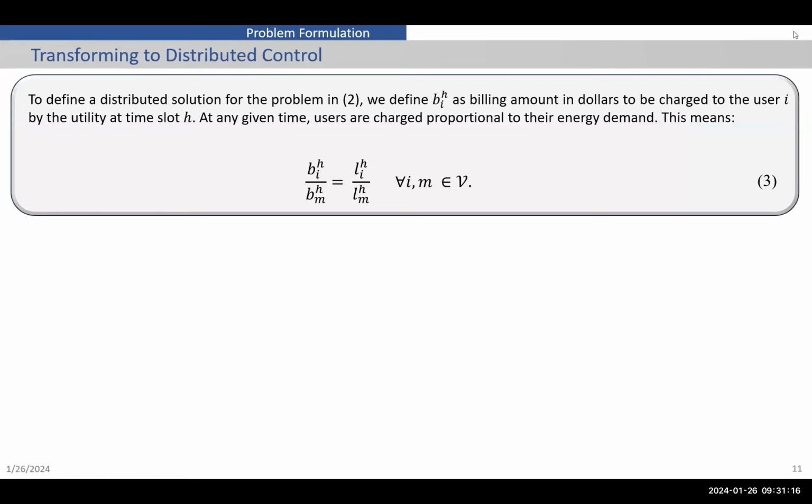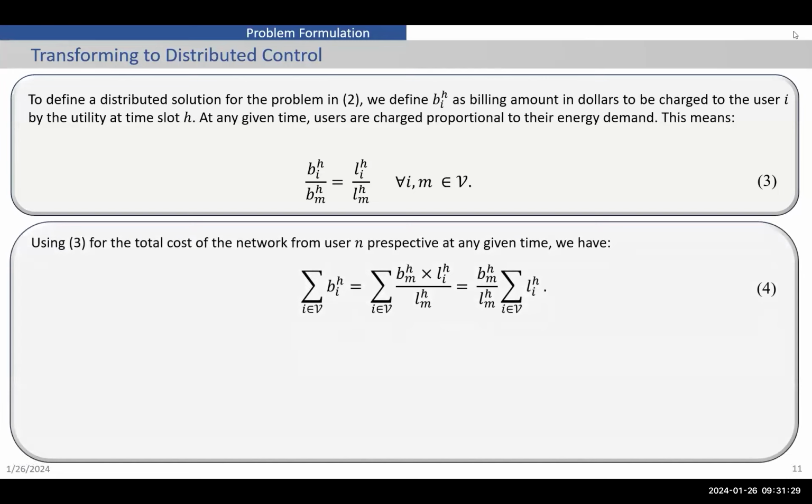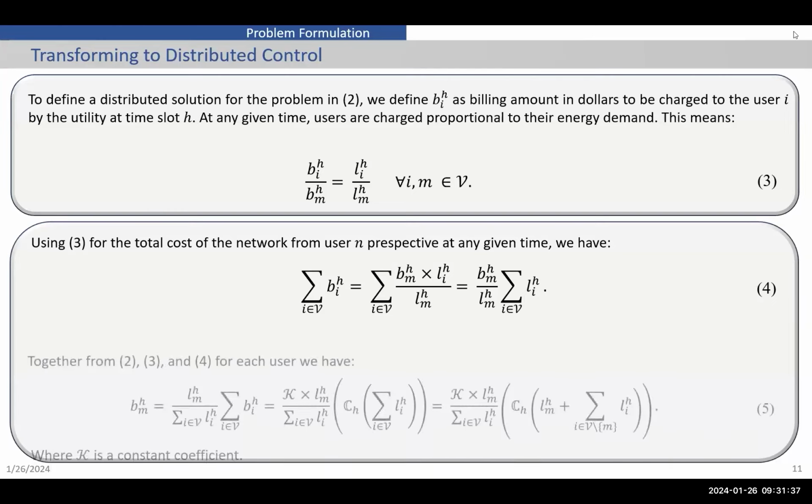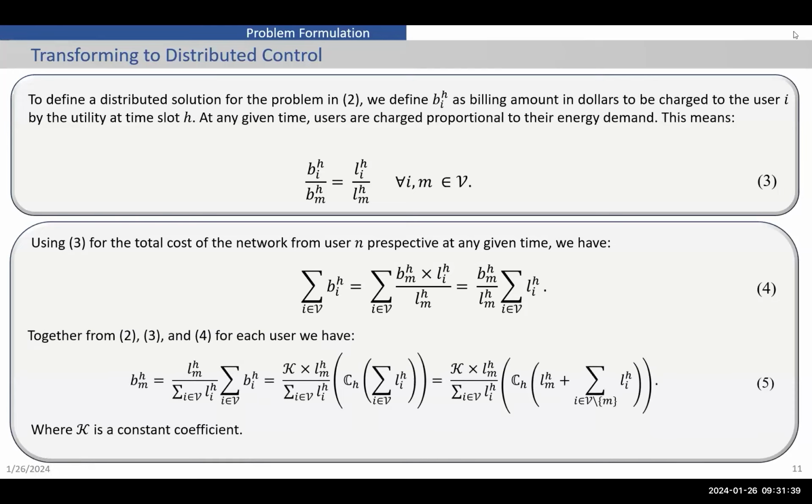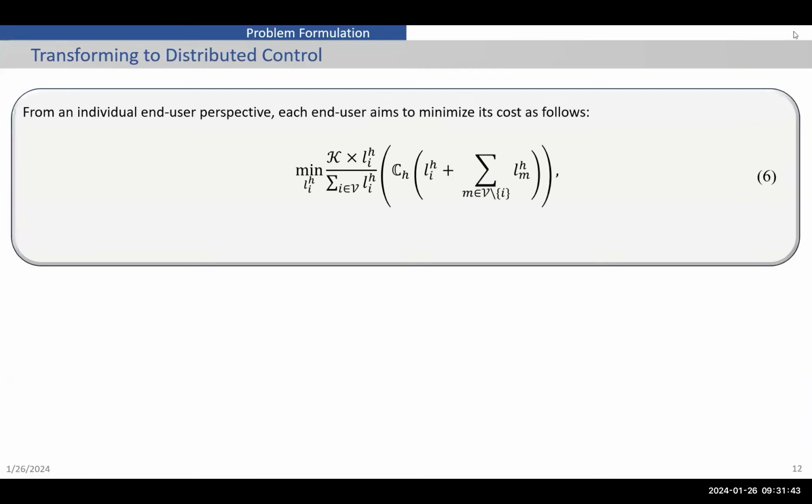If household one consumes twice as much as household two, then at that time household one will be charged twice as much as household two. Okay, so using this, B_i^h is the billing amount in dollars to be charged to household i at time h. And then doing some math, we have this equation. So let's simplify it. We have this one.